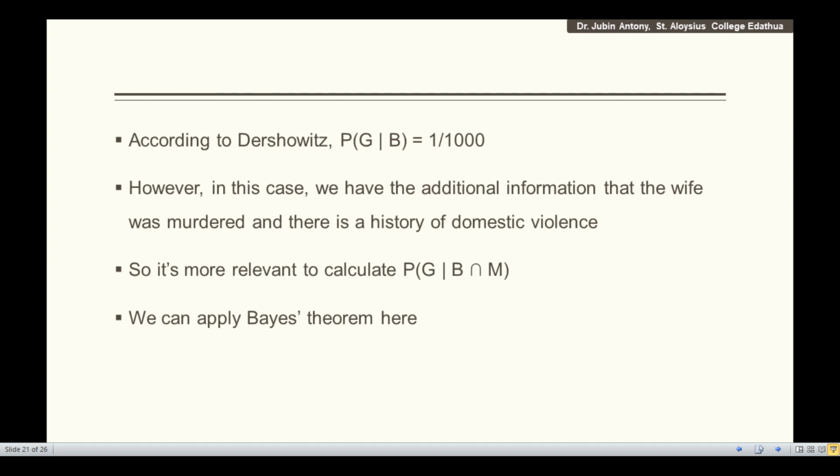According to Dershowitz, probability of G given B equals 1 by 1,000. However, in this case, we have the additional information that the wife was murdered and there is a history of domestic violence. So it is more relevant to calculate probability of G given B intersection M. We can apply Bayes theorem here.